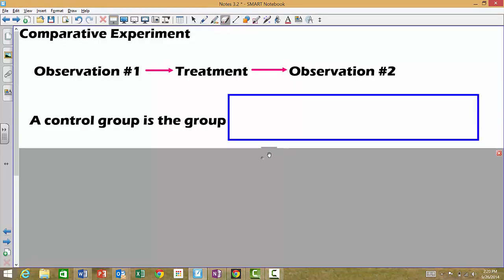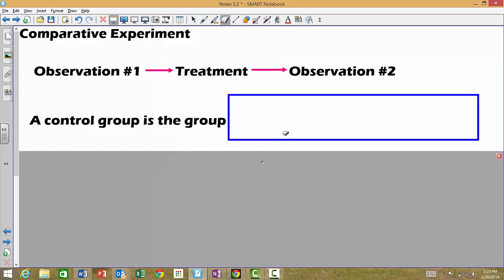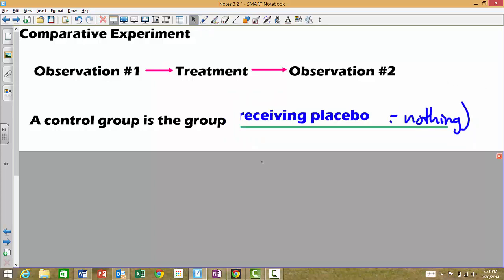So for medical experiments, oftentimes the placebo effects happen, causing the subjects to really think they are getting medication, so that's why we need a control group. Okay, the control group is always going to be the group that receives the placebo or nothing at all. So we always need a control group.